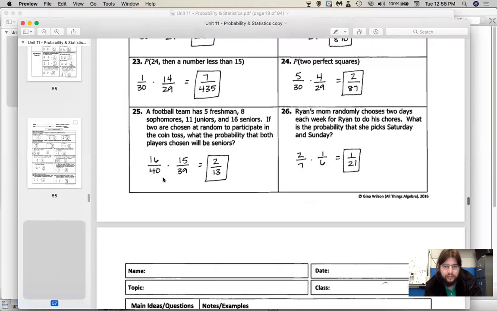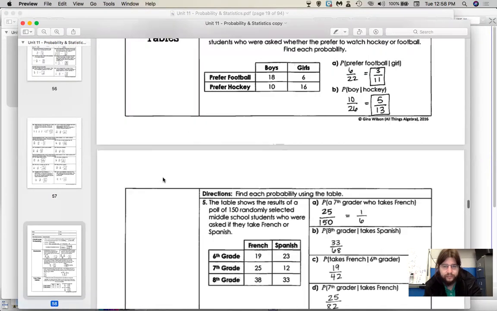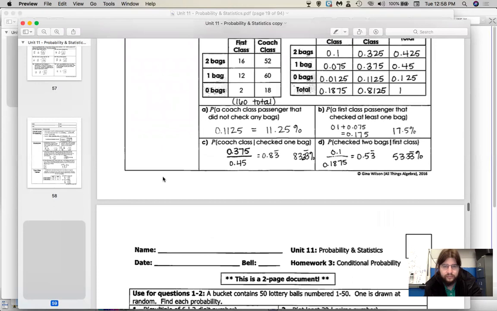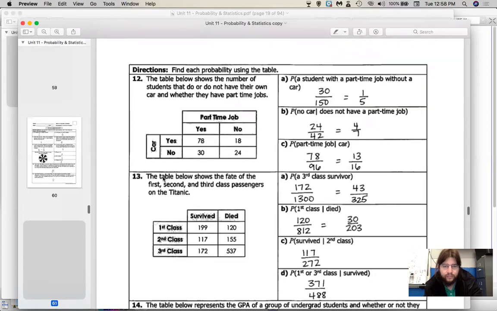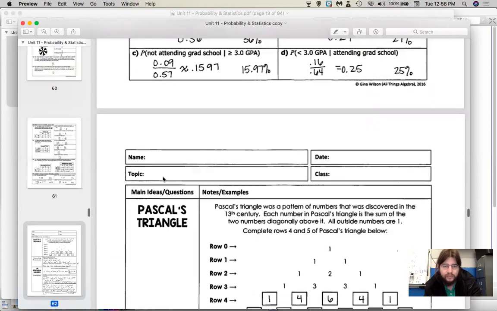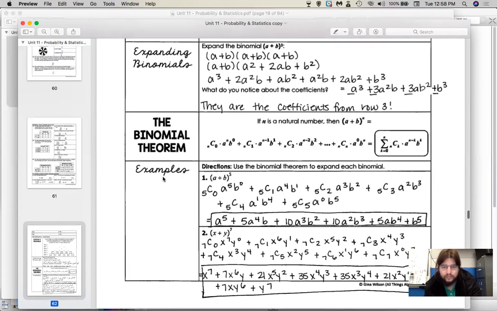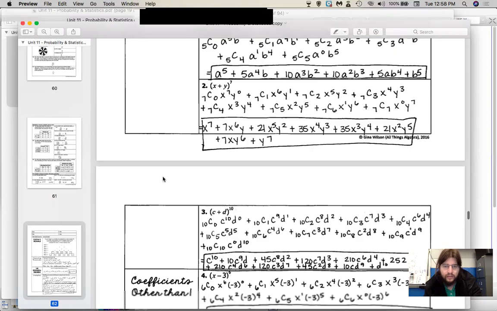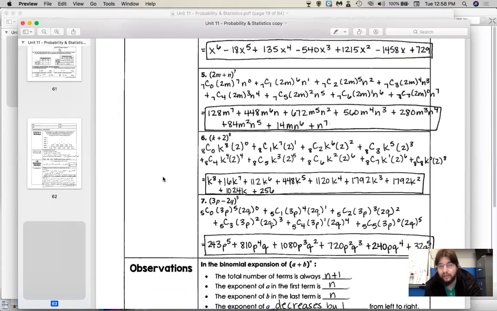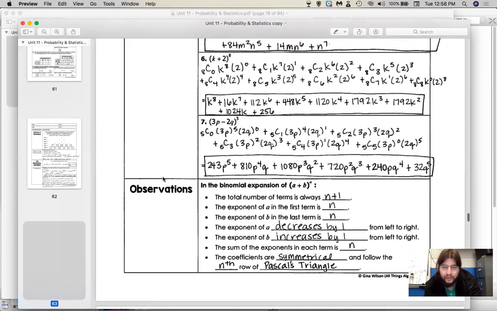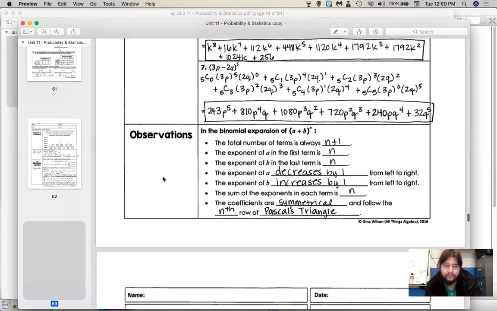Let's see what they're trying to put here. Okay, look, all your answers to your homework. So they wrote it all out. That's just way too much work, if you ask me. Symmetrical. Symmetrical, really? Really? Okay, whatever.